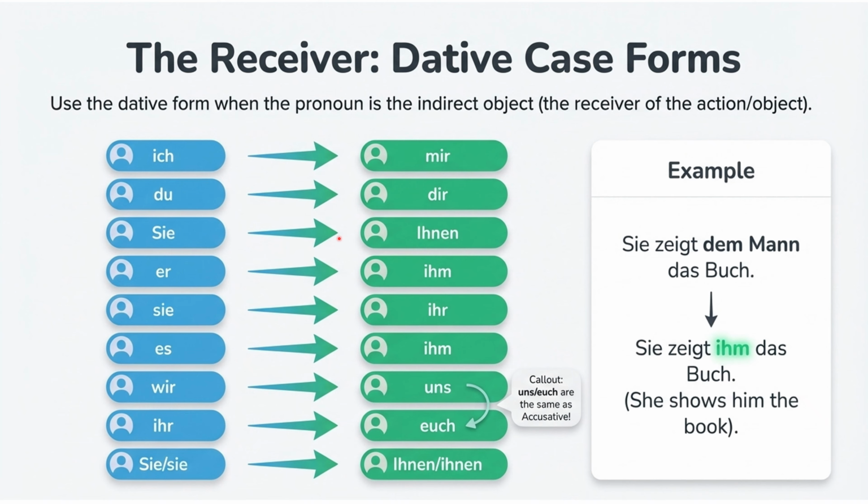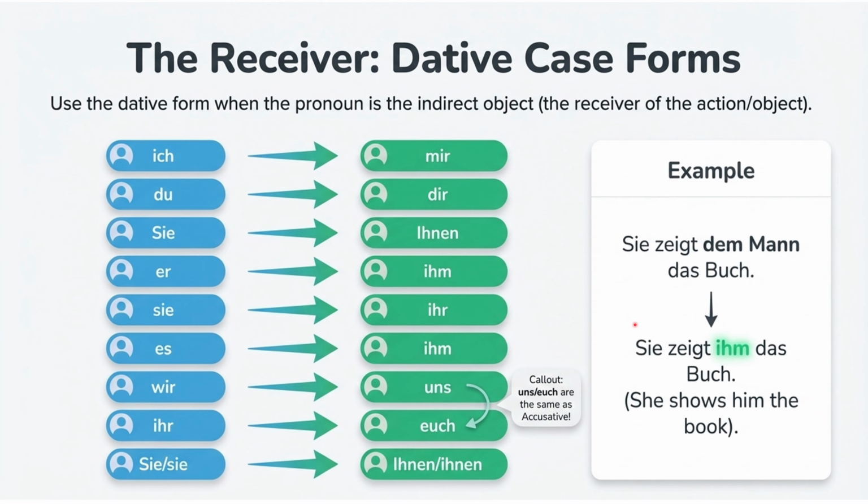Er becomes ihm. Sie becomes ihr. Es becomes ihm. Wir becomes uns. Ihr becomes euch. Sie becomes ihnen. Notice that the uns and euch are the same in both accusative and dative.